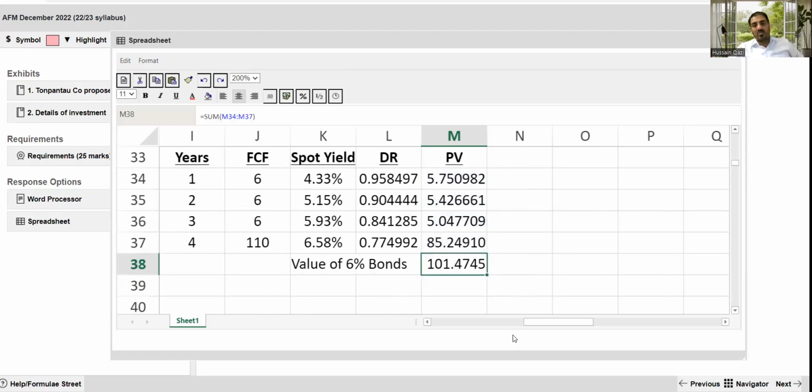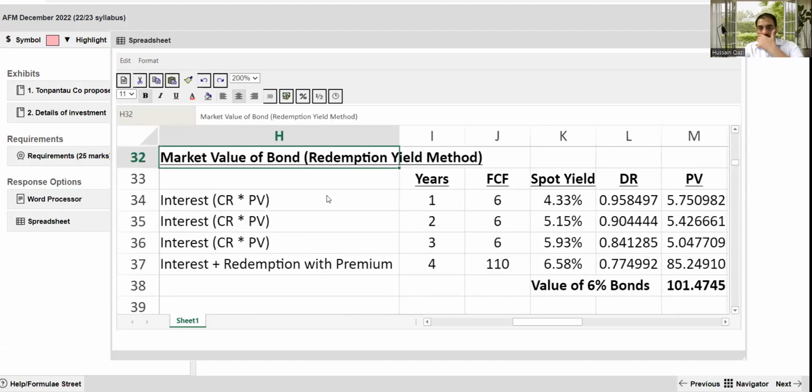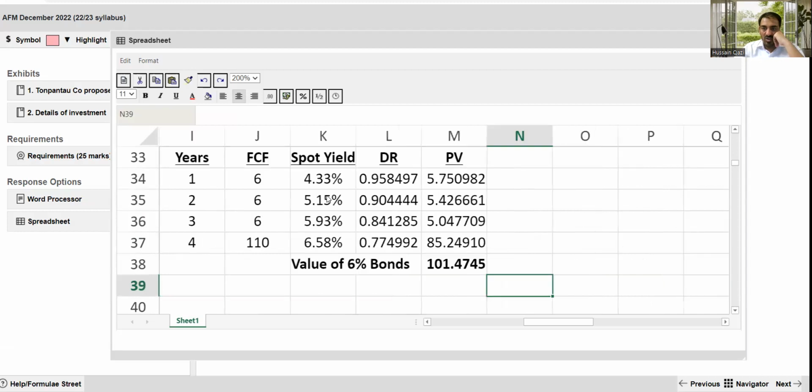That is 101.47, or 448. This is the value of the bond.